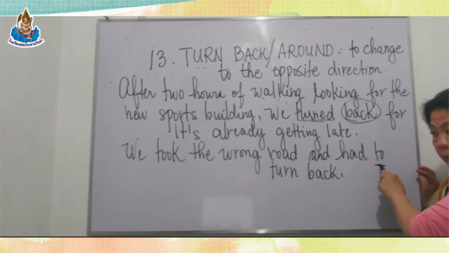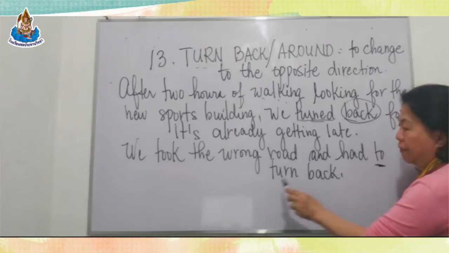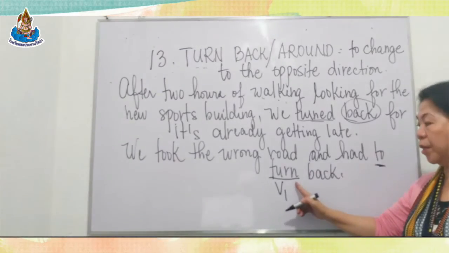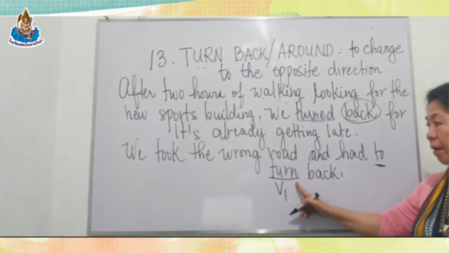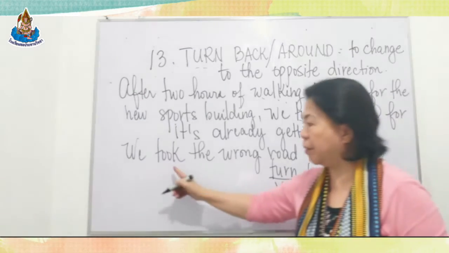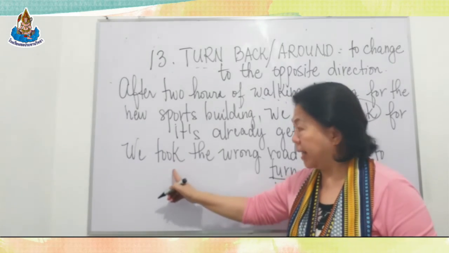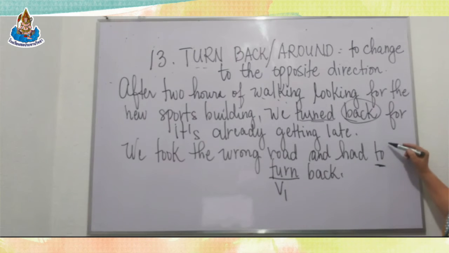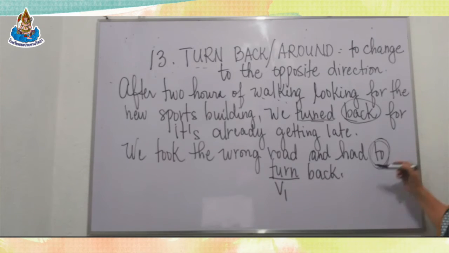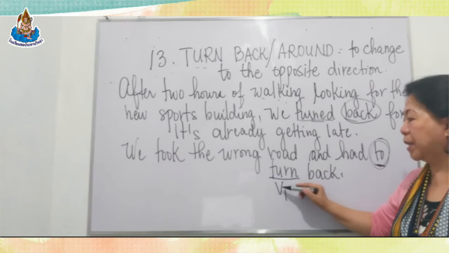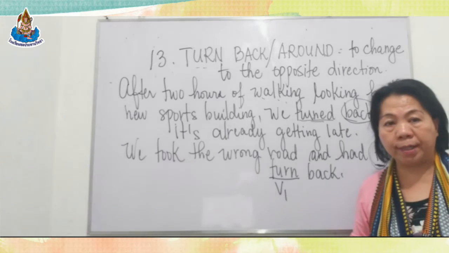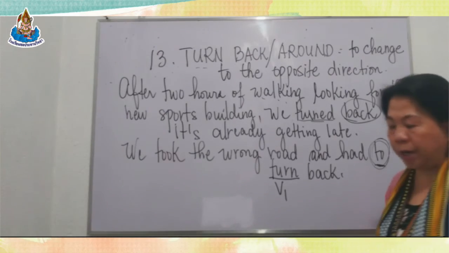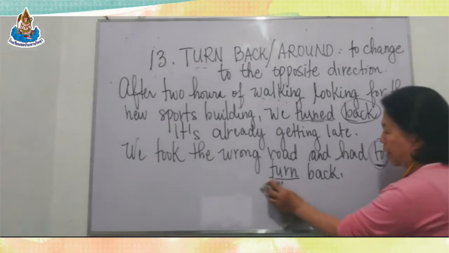That's why if you have an infinitive, you should always have a verb one. You do not use your verb two in here. But you might ask me, but teacher, we used our past tense there. Yes, we use our past tense form of the verb, but since we already have our infinitive form, the rule is you always have to use only the verb one. So that is what you need to remember for your infinitive form of the verb.